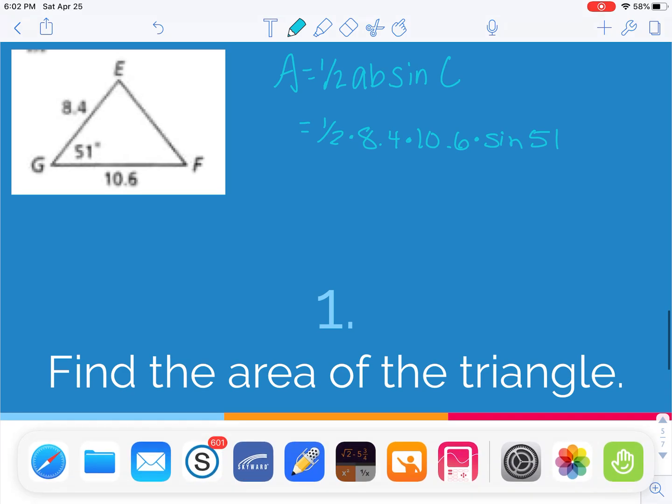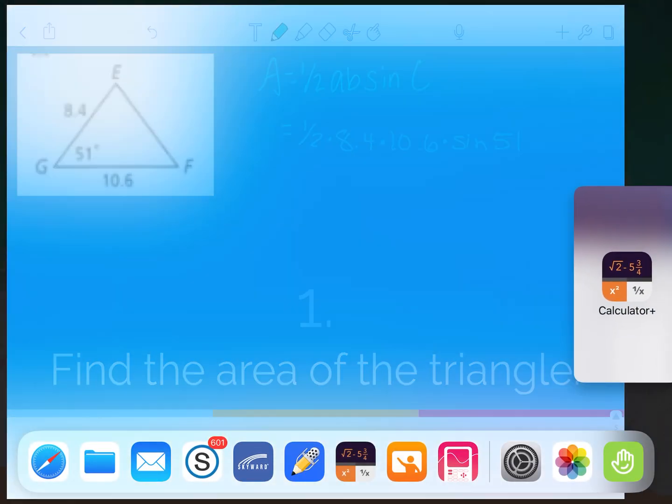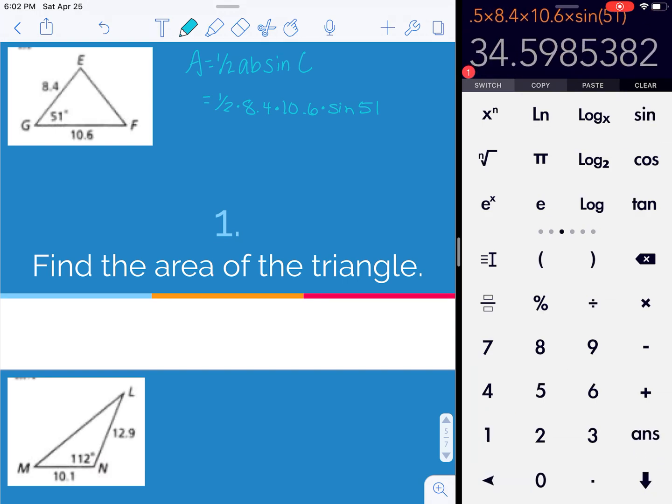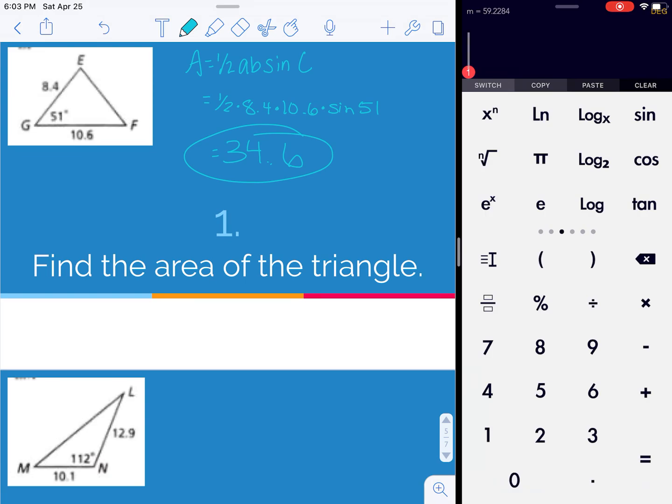I've got to throw that whole thing into my calculator. 0.5 times 8.4 times 10.6 times the sine of 51 degrees, and I get 34.6. It is very much just plug and play.